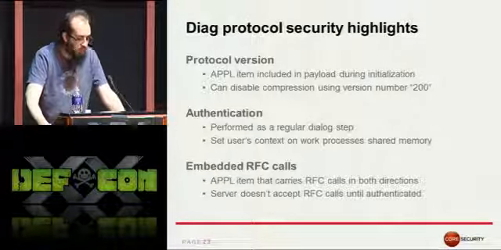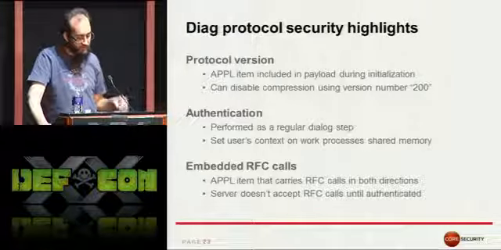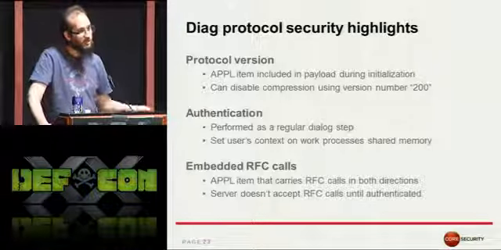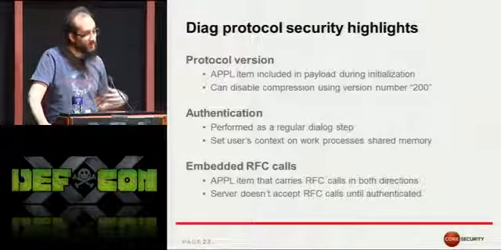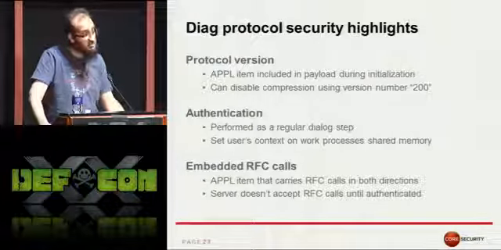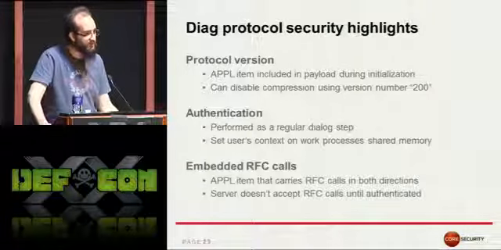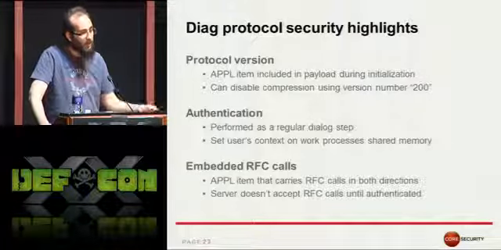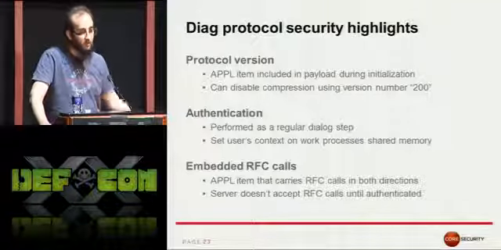If you specify a specific version number during the initialization, all the remaining packets coming from the server will be uncompressed. This is useful, for example, if you are writing an exploit or some script or some code, and you don't want to use all the compression functions in all your packets.